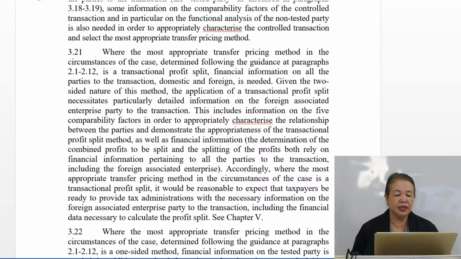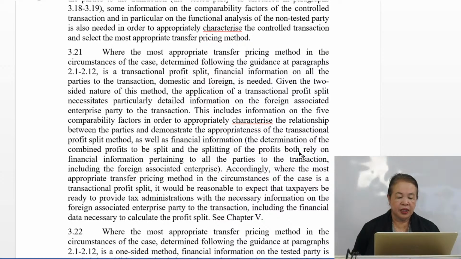Given the two-sided nature of this method, the application of a transactional profit split necessitates particularly detailed information on the foreign associated enterprise party to the transaction. No? So this includes information on the five comparability factors in order to appropriately characterize the relationship between the parties and demonstrate the appropriateness of the transactional profit split method.